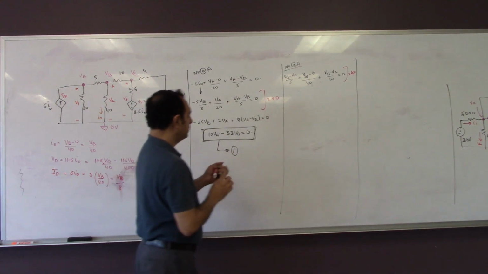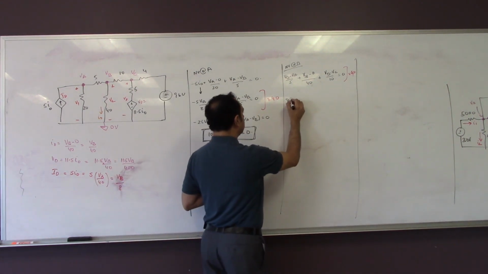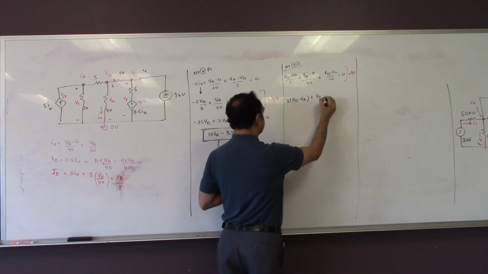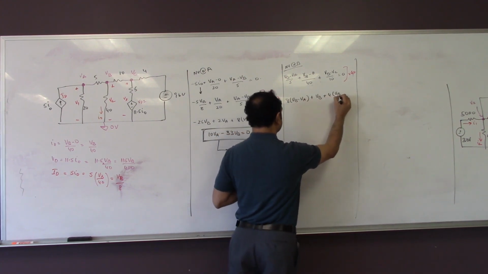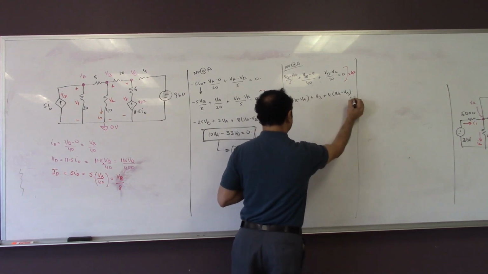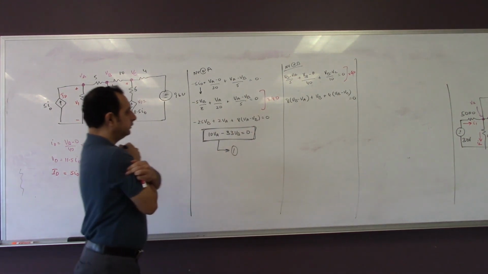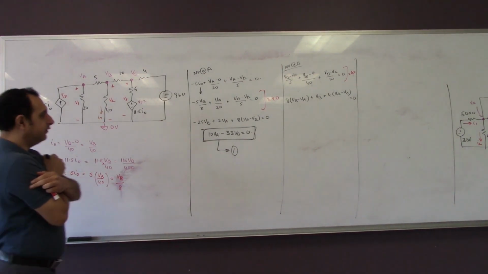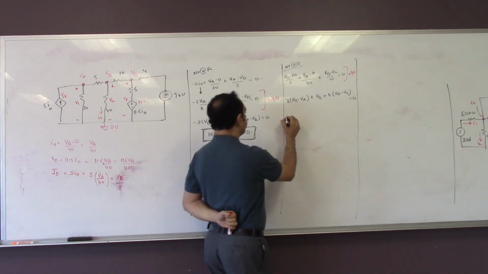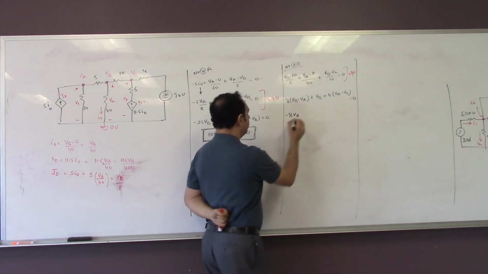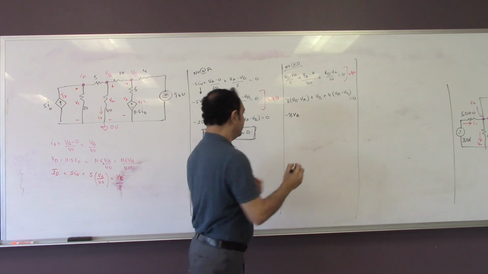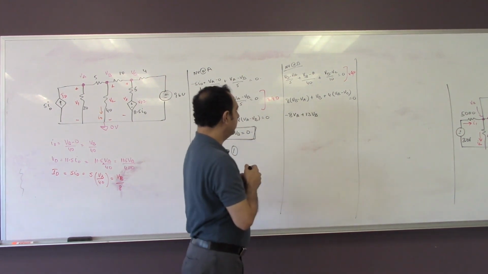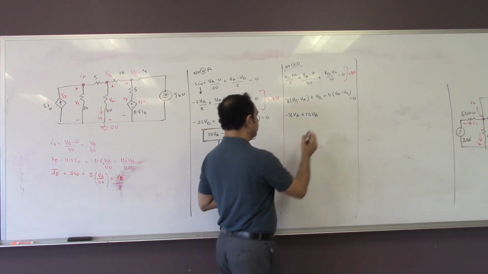So 8 times, plus VB, plus 4 times, so you'll have negative 8 VA, VB is 9 and 13 VB, minus 4 VC is equal to 0.